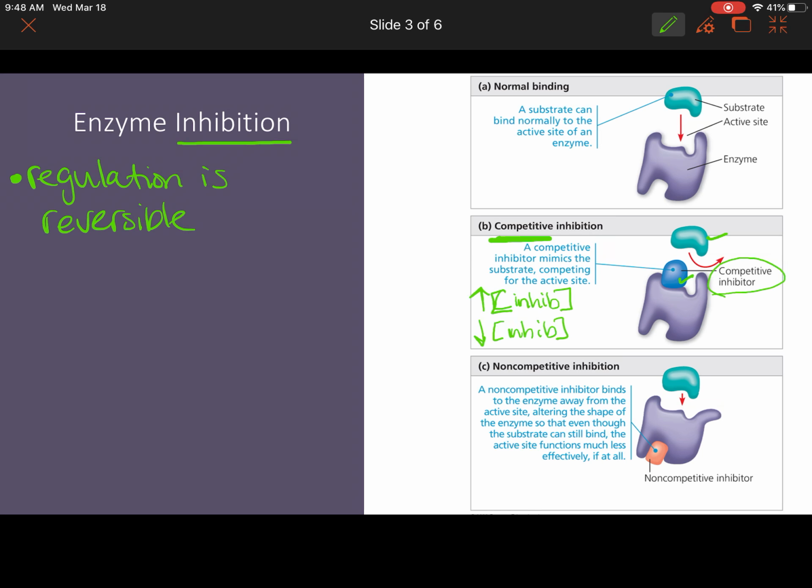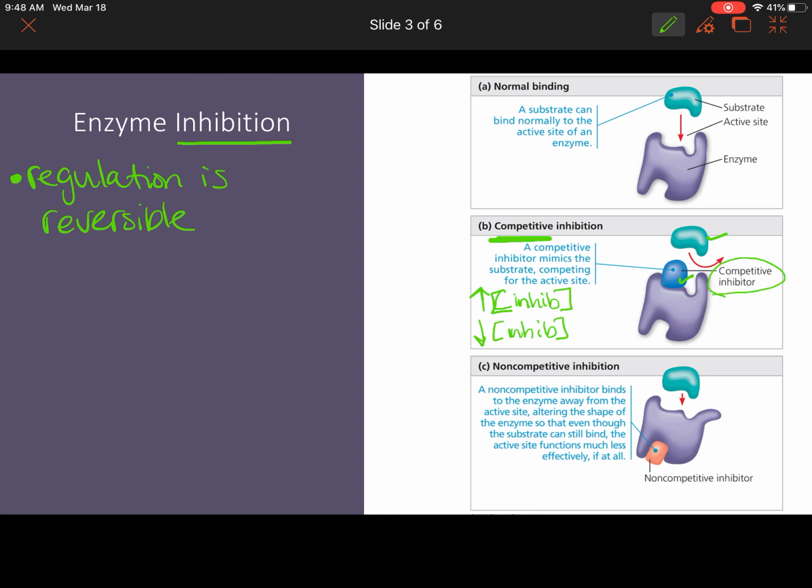They're going to bind for a little while, and then they're going to come off, and then they're going to bind again, and then they're going to come off. Well, every time the inhibitor comes off of the enzyme, there's a new competition between the available substrate and the inhibitor. So if the substrate wins the competition, then a reaction is going to be catalyzed. Okay? So it's not permanent.